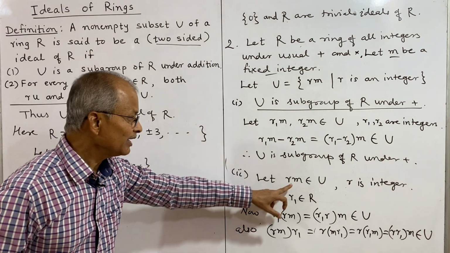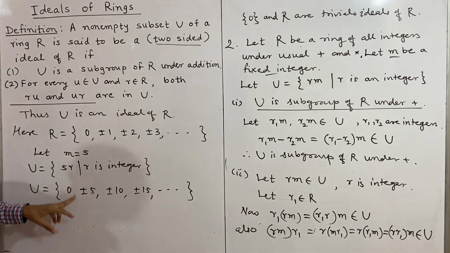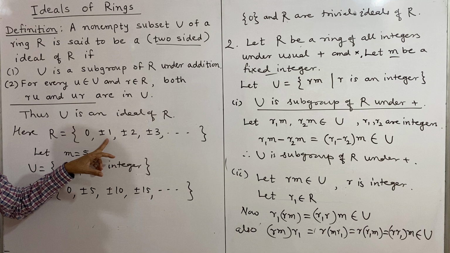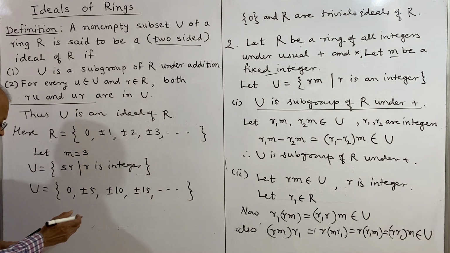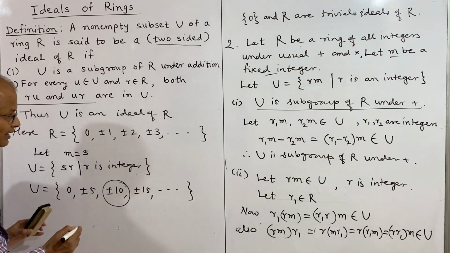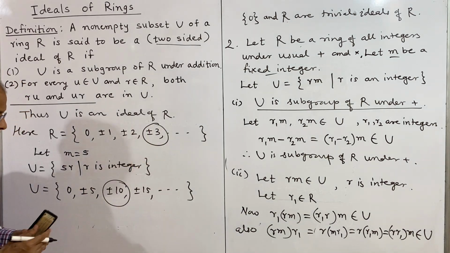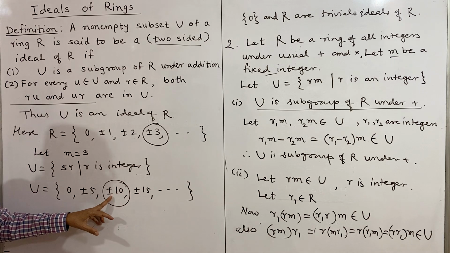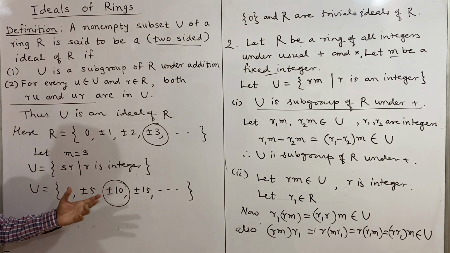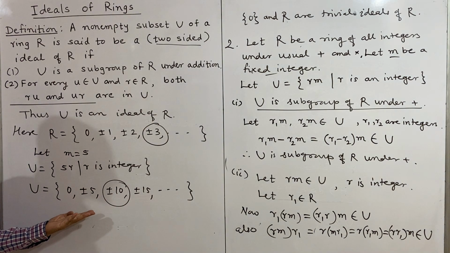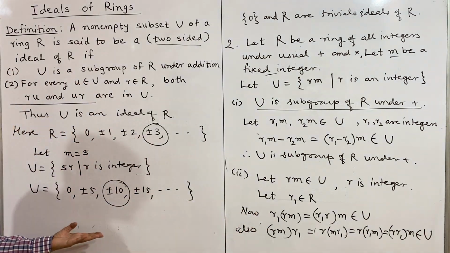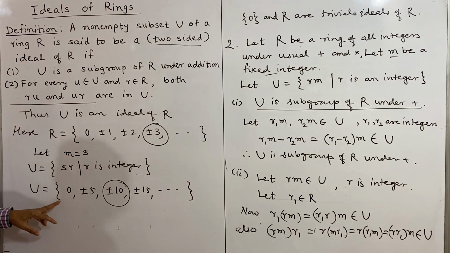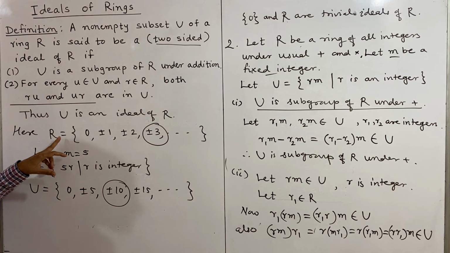And take an element of U and multiply it by any element of R, then the product also belongs to U. For example, if you multiply these two, the product is plus minus 30, which is a multiple of 5. So the second property is also satisfied, and thus this is an ideal of the ring of all integers.